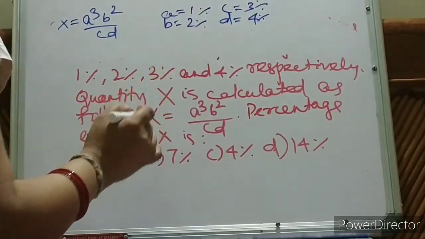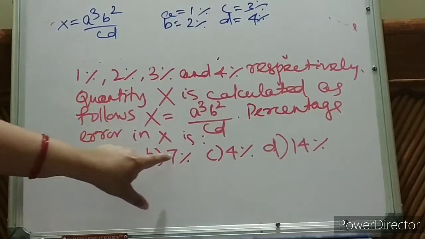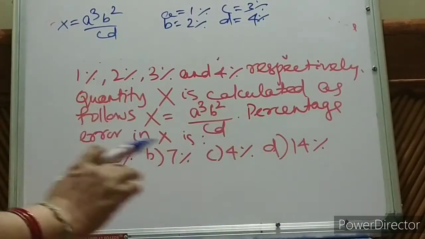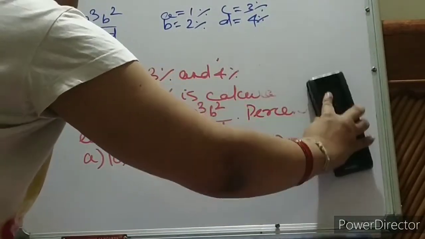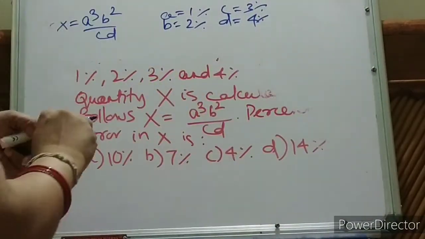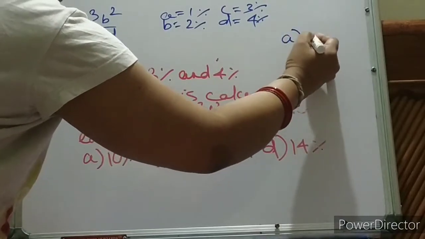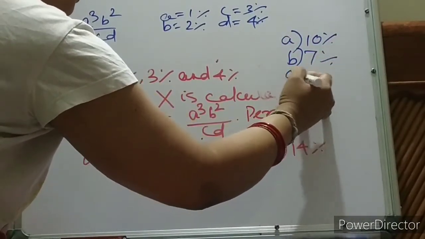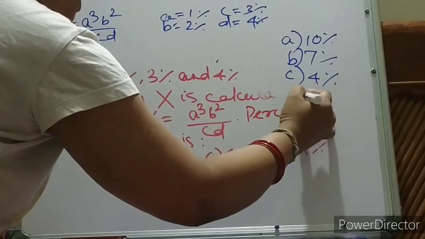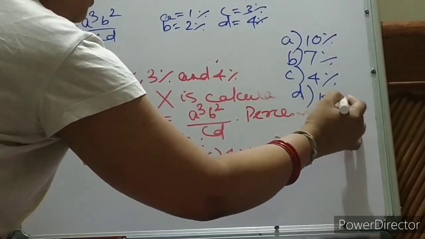What are the options? Options are given: 10%, 7%, 4% and 14%. So A is 10%, B is 7%, C is 4% and D is 14%.